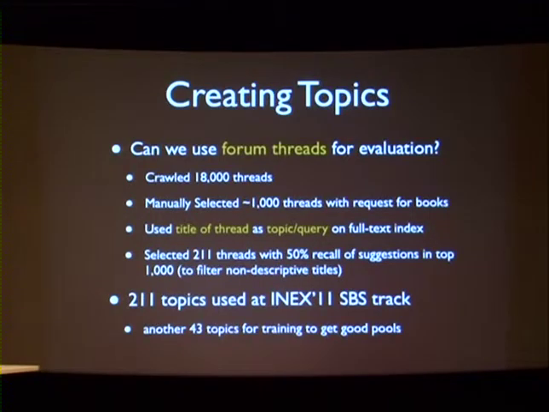And we just selected, I don't know why it was 211, I think we went for 250, and somehow we had 250 and then later the post-processing took some out. Those topics were used last year, in 2011. A bunch of other topics was released already earlier, so people had so much material to check.